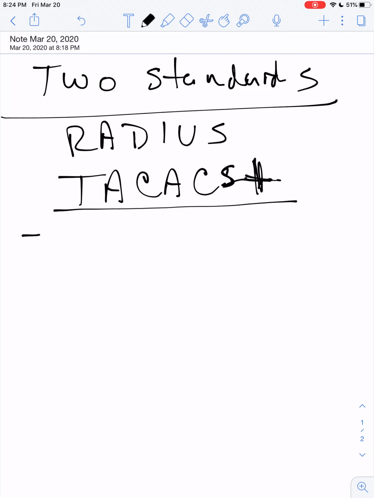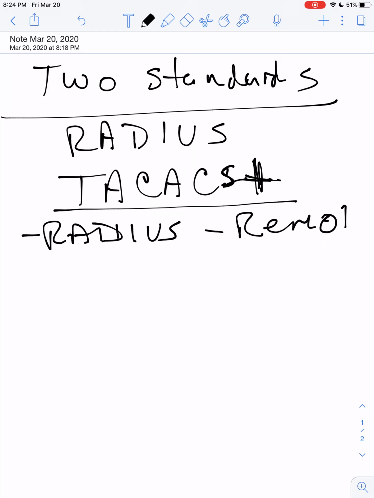But Radius stands for Remote Authentication Dial-in Service.